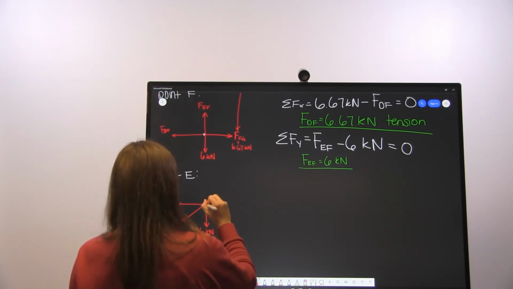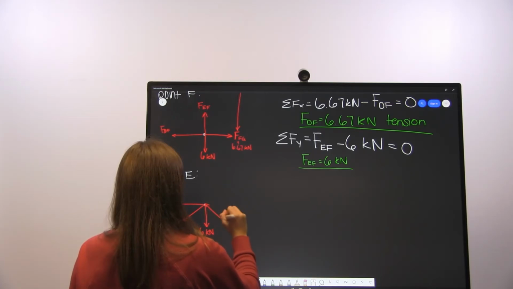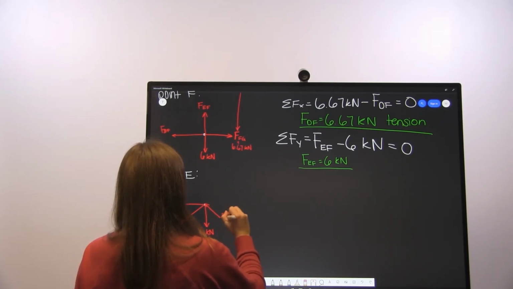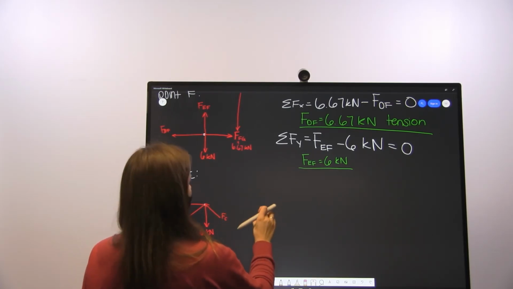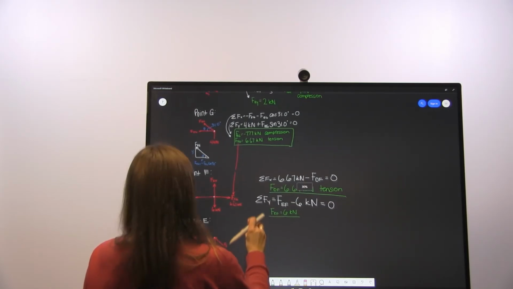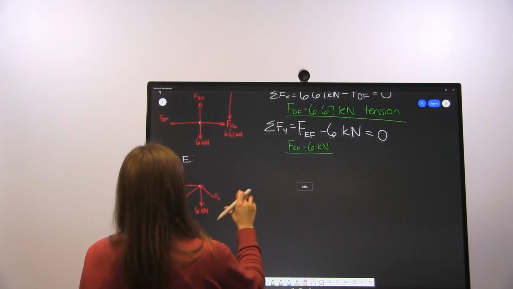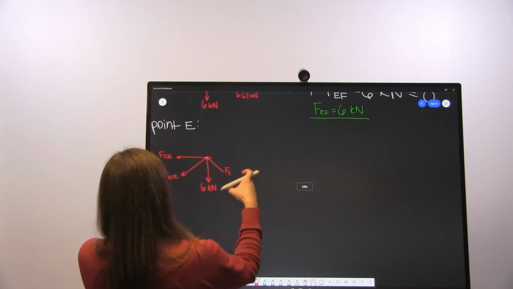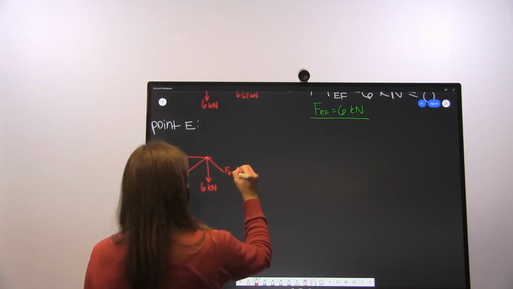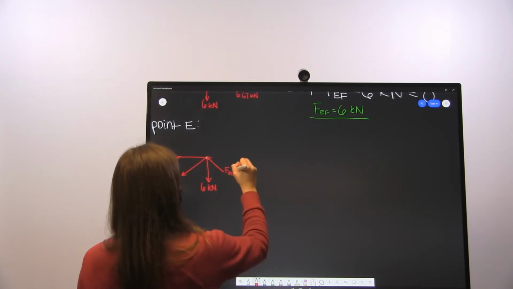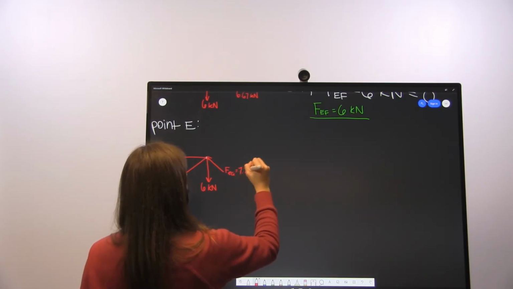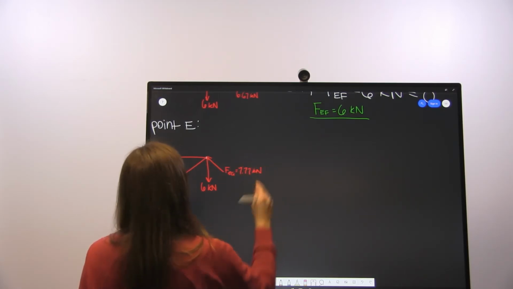And then we have our force at member EG, and that's 7.77 kilonewtons. So force EG is equal to 7.77 kilonewtons.